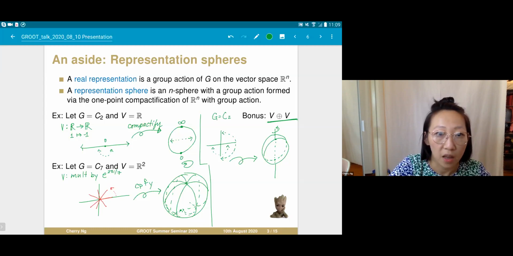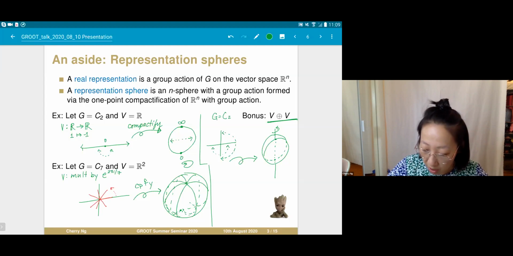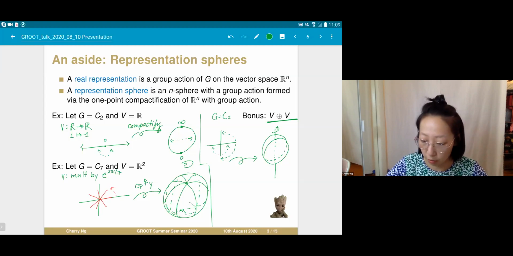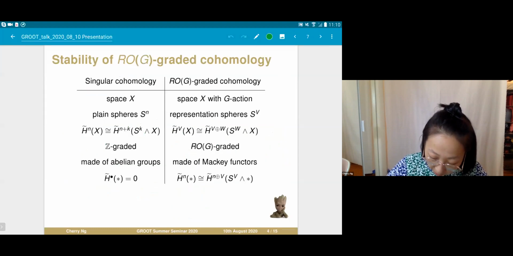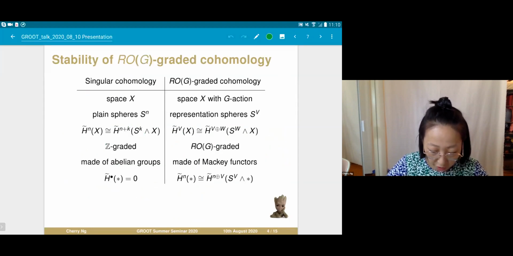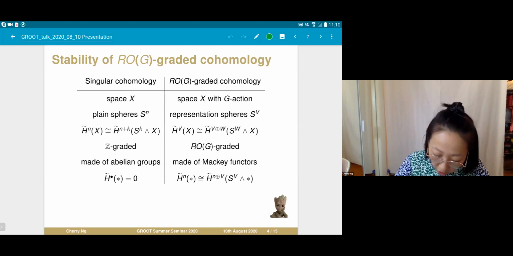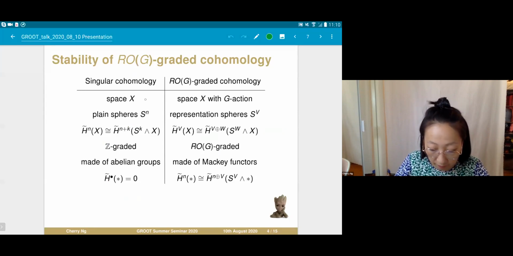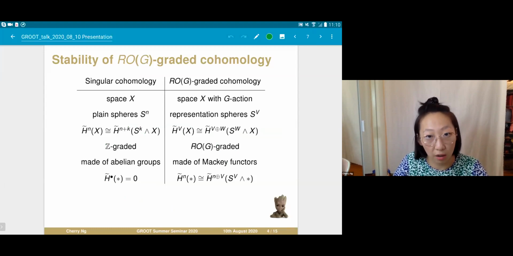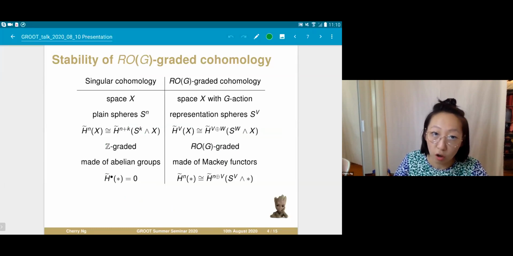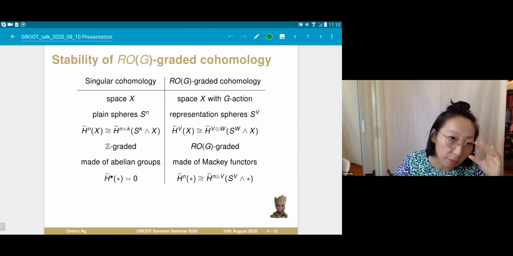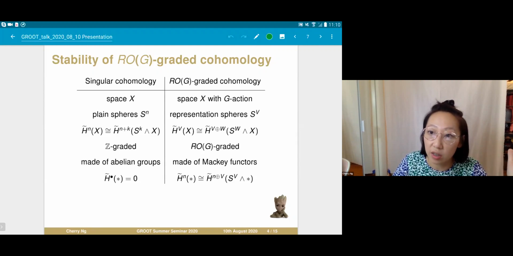And so now we're ready to talk about what we mean when we say that RO(G)-graded cohomology is stable. So here is a comparison of RO(G)-graded cohomology with singular cohomology. For singular cohomology, you have an ordinary space. For RO(G)-graded cohomology, the space has a group action on it. For singular cohomology, the spheres that you're interested in are the ordinary spheres S^n that you're familiar with.